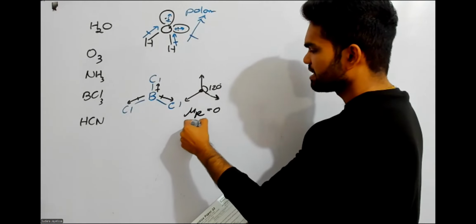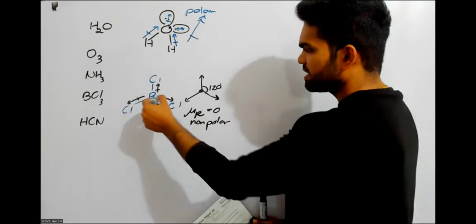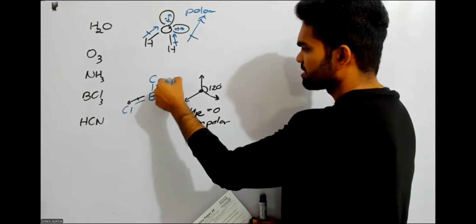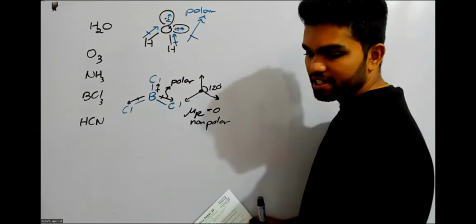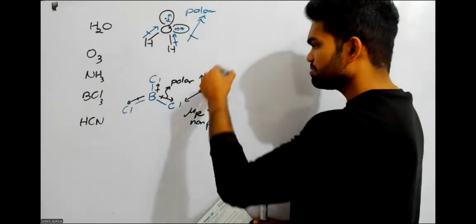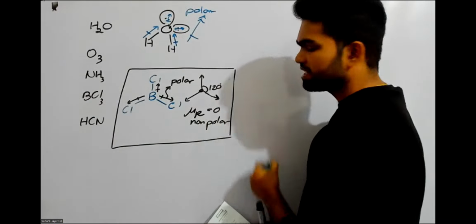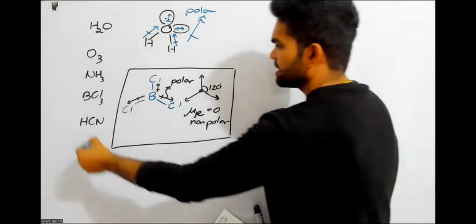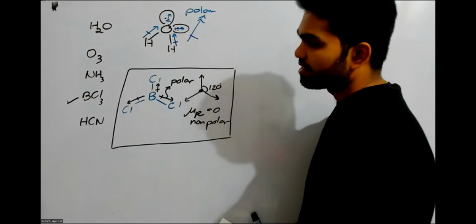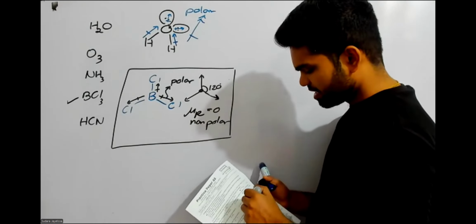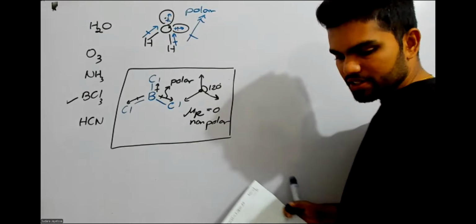That means it is non-polar. But you can see there are polar bonds, that's why we mark a dipole moment in the first place. So this is a molecule that satisfies the given conditions. The answer is answer 4, BCl3. Understood?